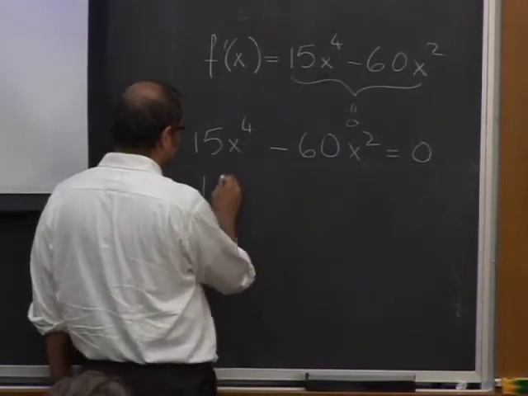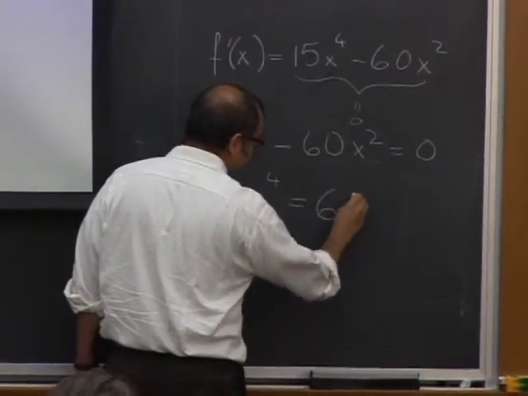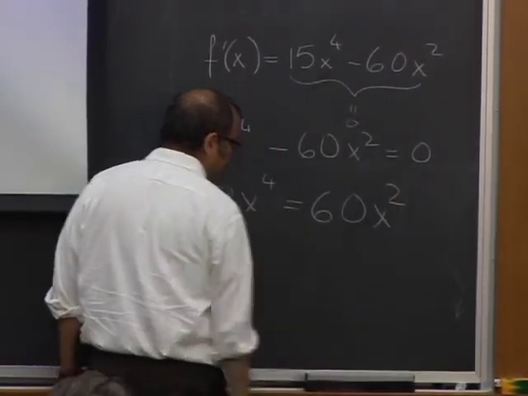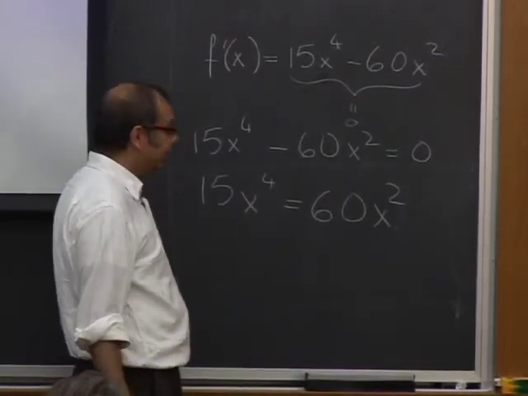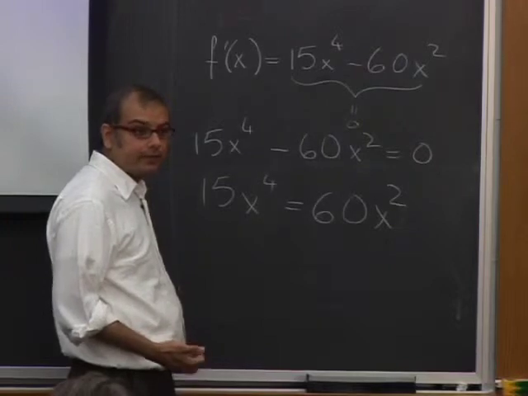Okay, so that's going to be 15x^4 is equal to 60x squared. Okay, I divide both sides by x squared.